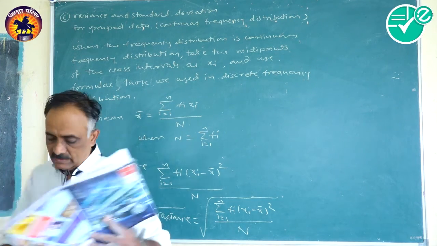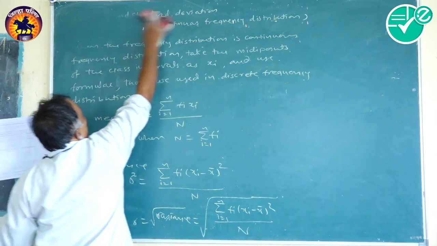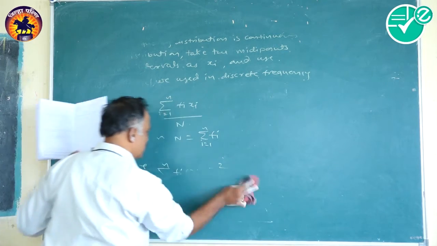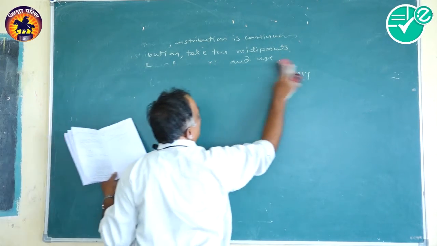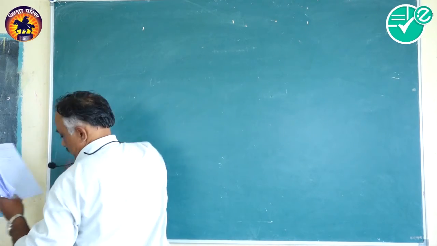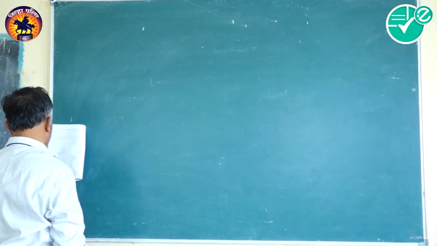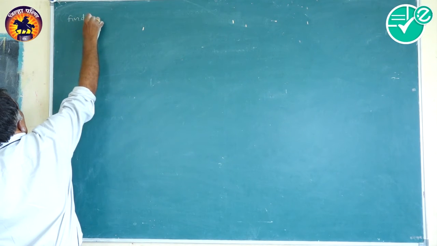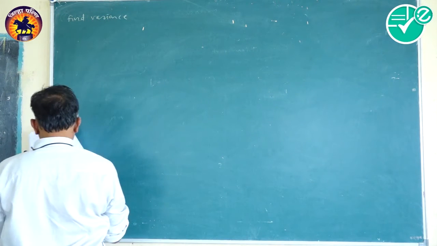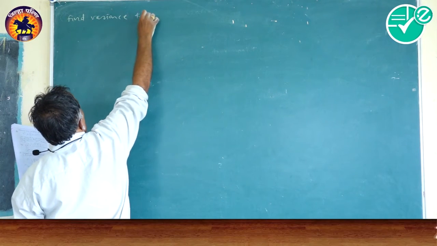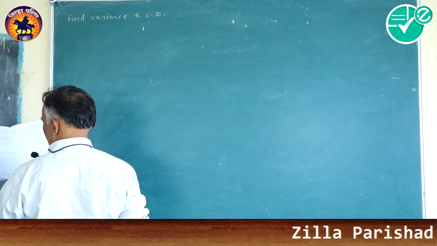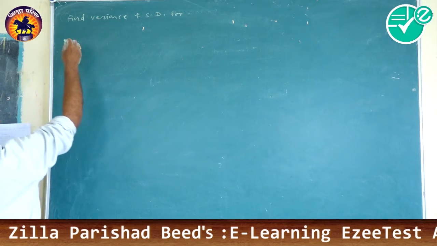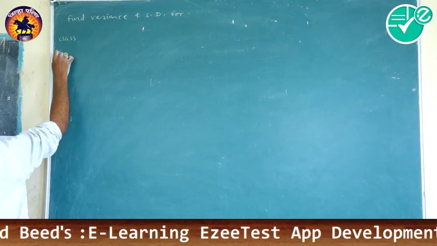Find the variance and standard deviation for the following data: class and frequencies.